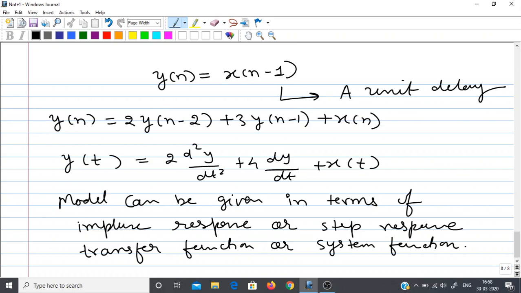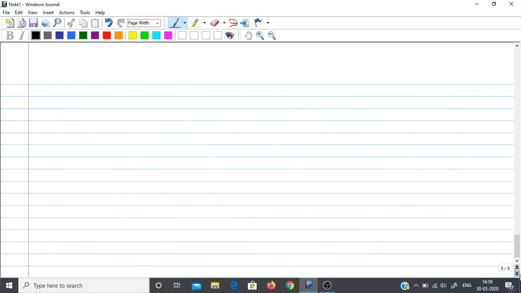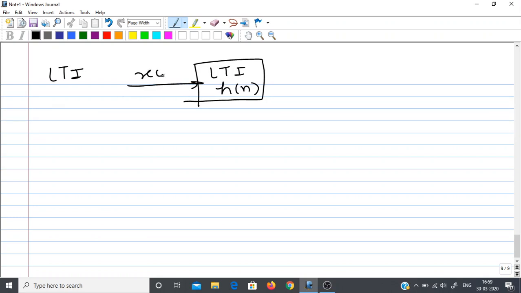So this is called analysis: for the given input and given mathematical model of the system, compute the output. And now I am saying that when we take the transforms, this analysis becomes simpler. How does it become simpler? You might know that for an LTI system with impulse response h[n], input x[n] and output y[n], y[n] equals x[n] convolved with h[n].